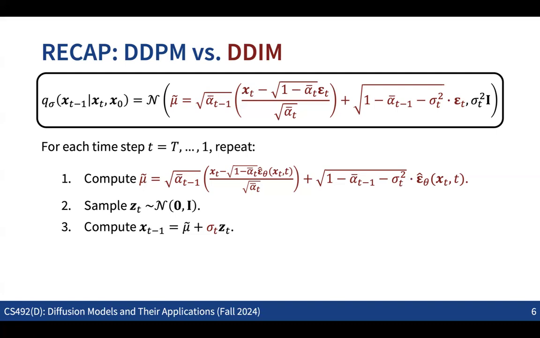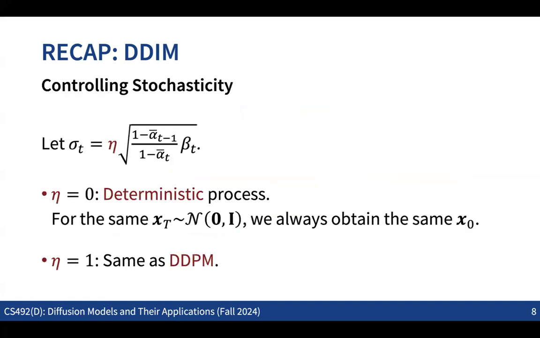So the mapping from the x_T to the x0 is determined. It does not change over time through any kind of stochasticity. So that was the way that we can have a mapping from the x_T to the x0, making the whole process deterministic.